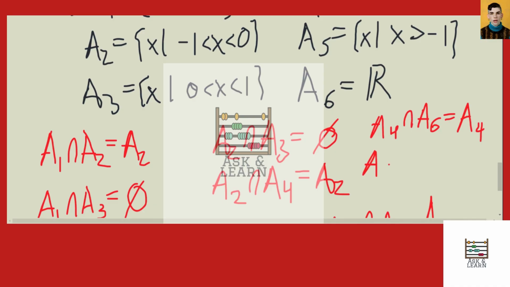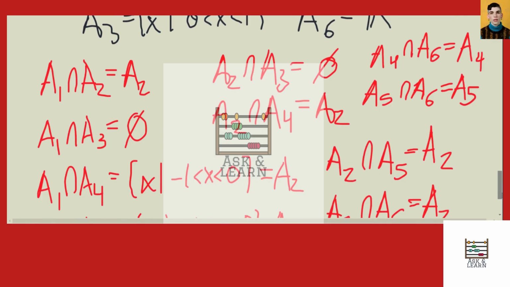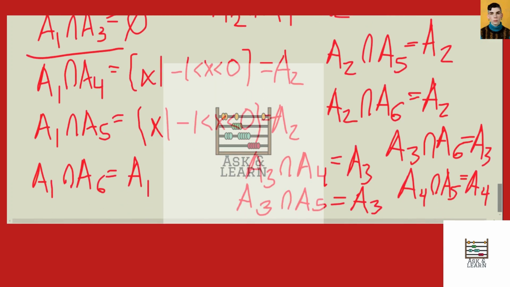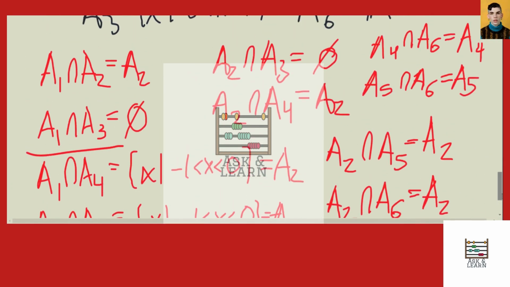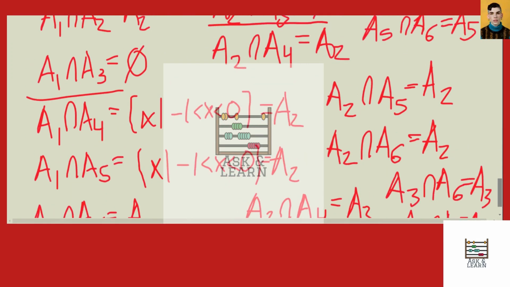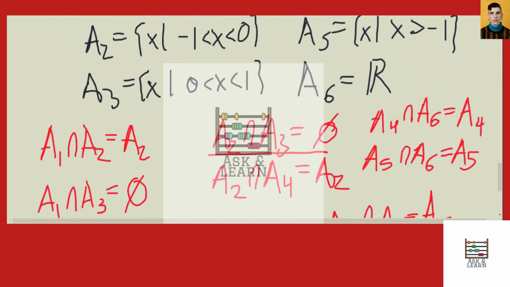And finally, A5 intersect with A6 is going to be A5. And so looking at the list, all these intersections, we see the only empty sets are intersections of 1 and 3, intersection of 2 and 3. So those are the only two empty intersections.